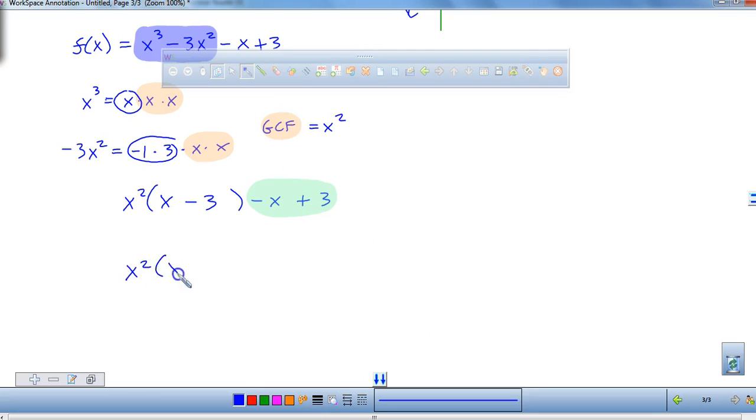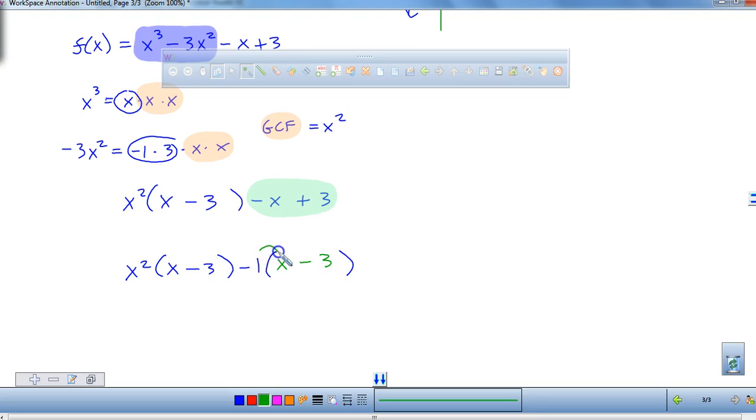For those of you who are really good at factoring, you probably recognize that you can always factor out a -1 out of a binomial expression. So if I factor out a -1 out of this, what's still left inside? An x. And if I factor out a -1 out of a +3, you're going to be left with a -3. So -1 times x is a -x. -1 times a -3 equals a +3.